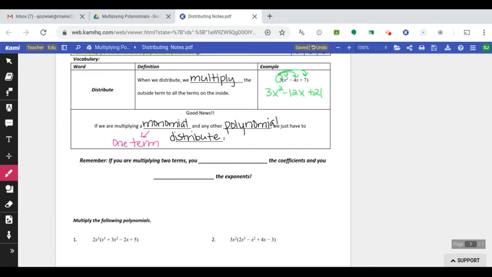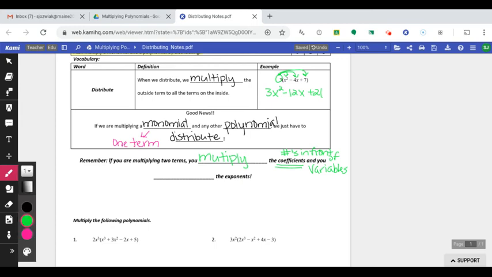You're going to multiply the coefficients, so the numbers in front of the variables, and that's exactly what we did in this example up at the top, right? We took that 3 and brought it inside by multiplying the numbers. That's no different.